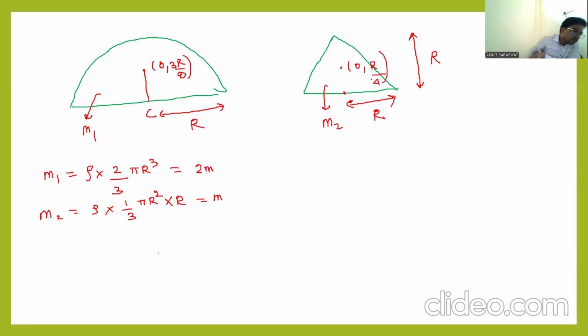M1 is mass equal to volume into density. The volume of the solid hemisphere is 2 by 3 pi r cube. Similarly for M2, the mass of the solid cone, that is the cut portion.